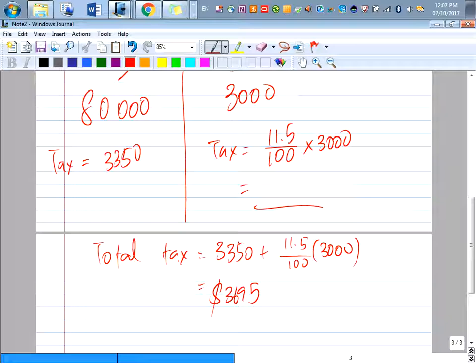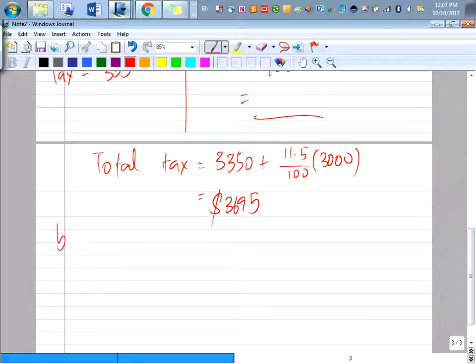Okay, so now Lisa, part B. The tax payable was $5,175. Which bracket does Lisa fall into? Which tier does she fall into?